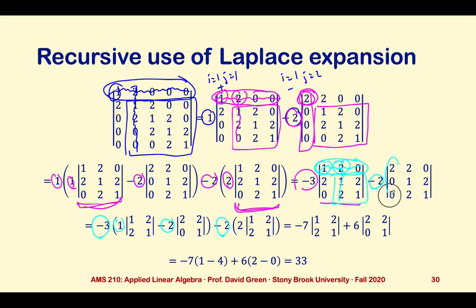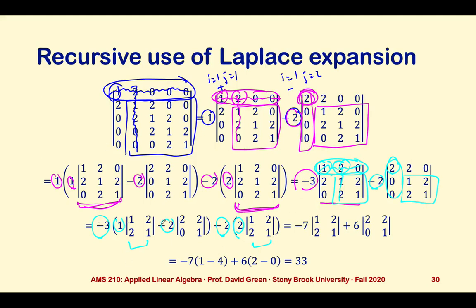Once again, the column is the one to expand on here because there's only one non-zero term. 2 goes here, multiplied by the determinant of the matrix that we're left with. In this case, once again, we have a pair of shared determinants, so let's simplify.